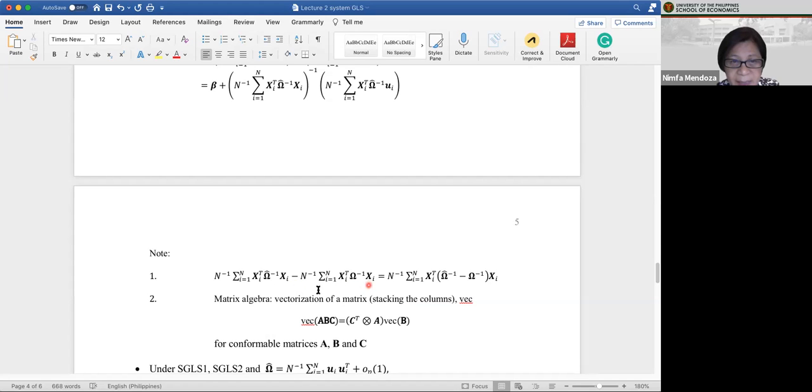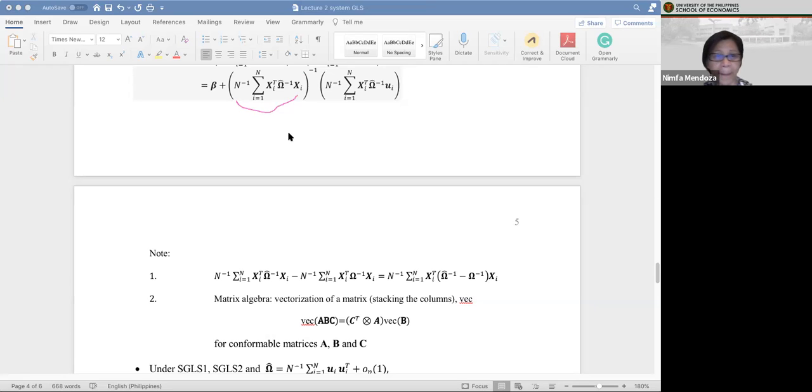Let's have this expression: n inverse, so I'm really dividing by n, the summation of x sub i transpose omega hat inverse x sub i, minus the same expression except that I have omega instead of omega hat. So I'm just picking up this expression.